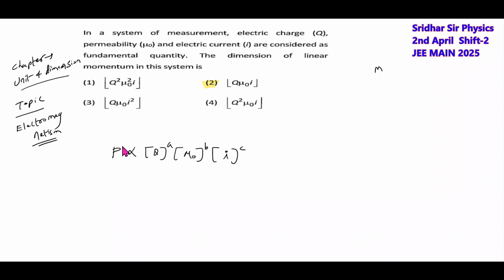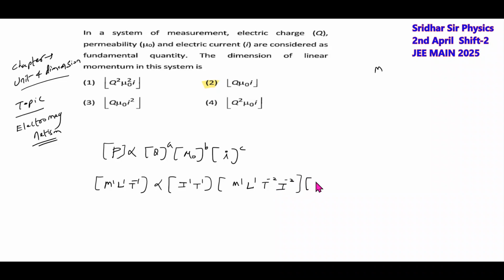What are the dimensions of the momentum? The dimensions of momentum will be mass into velocity, M1 L1 T minus 1. Dimensions of charge will be current into time, I1 T1. Dimensions of mu naught, permeability, will be M1 L1 T minus 2 I minus 2. Okay, fine.